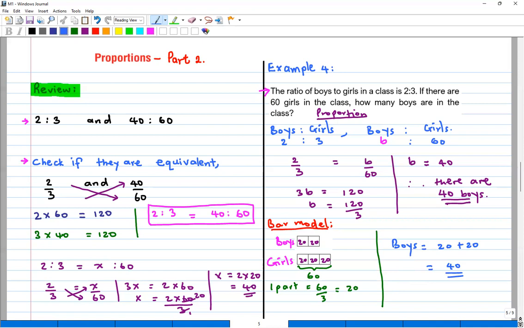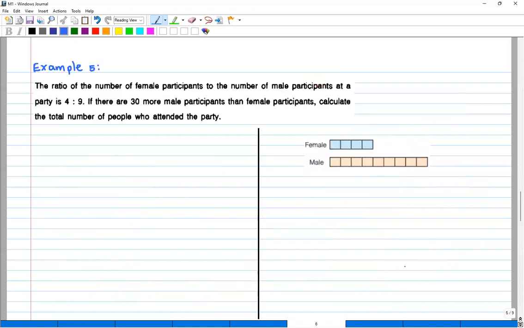Okay, let us see another example. This is example number 5. The ratio of female participants to male participants at a party is 4 to 9.